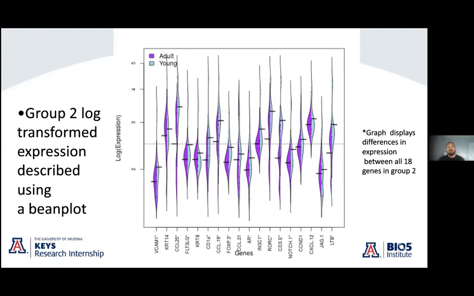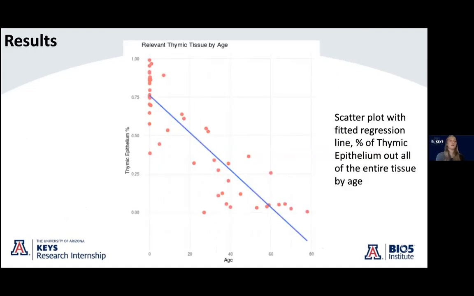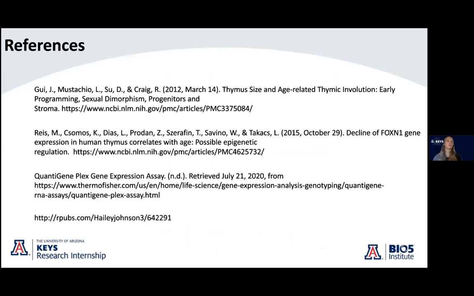Hailey, did you all have any kind of speculation about what might have been the mechanism for the reduced expression as people age? I did actually read one article right here, on FOXO1. Since we didn't get to be in the lab, we didn't get to work with the genes, just the statistics.